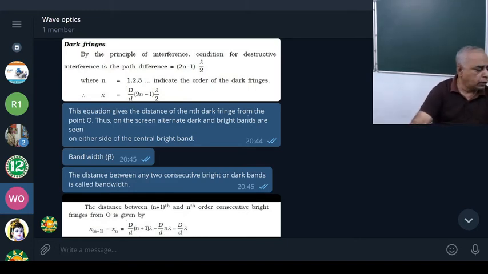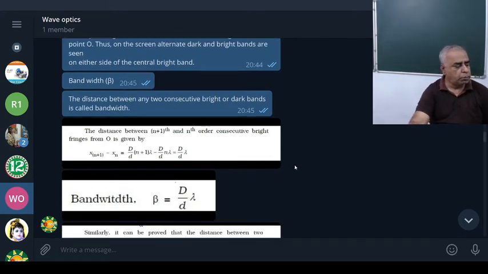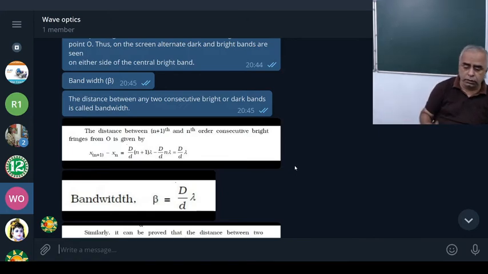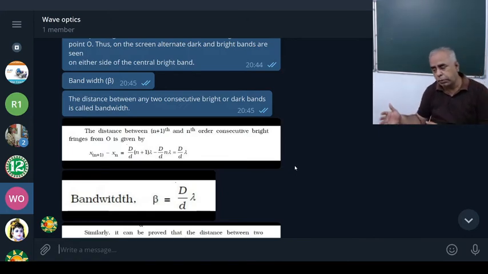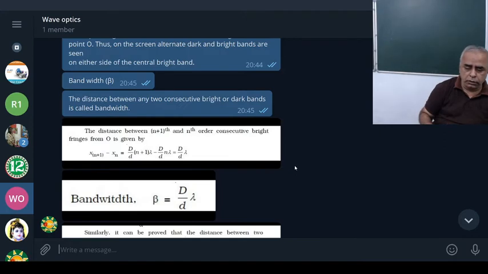Okay. Then what is bandwidth? Bandwidth is, for instance, the distance between the third dark ring and the fourth dark ring, or the fourth bright ring and the third bright ring.